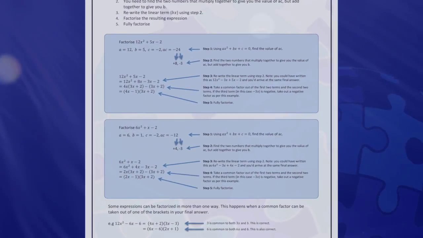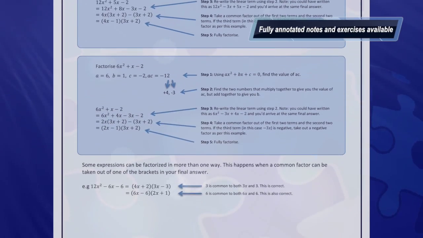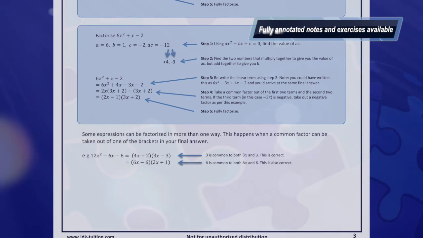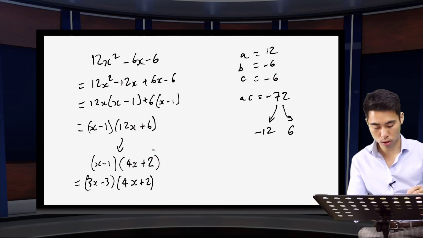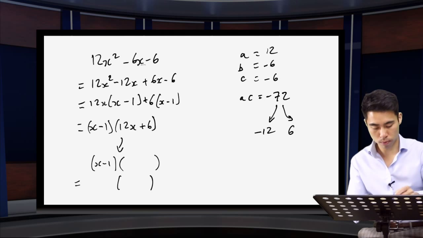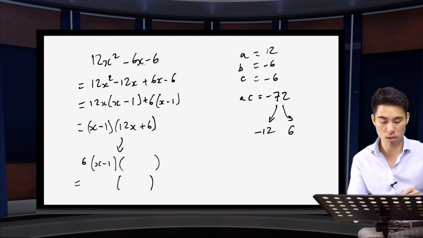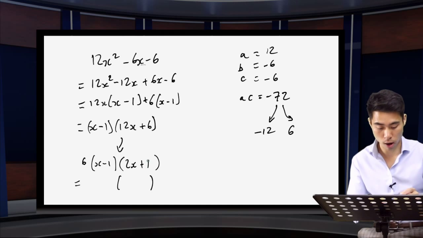So we looked at the case where the common factor that we pull out at the front is 3. What happens when we pull out 6 as our common factor? Well, pulling out 6, I need to divide each of these terms in the second bracket by 6. That leaves me with 2x plus 1.